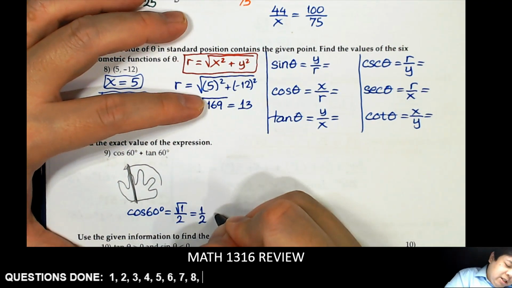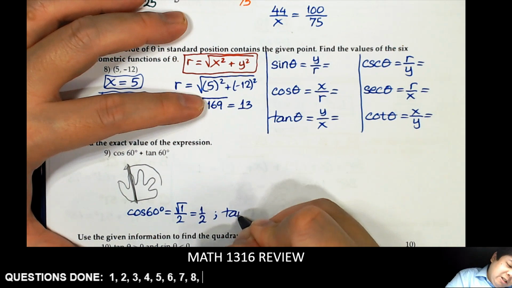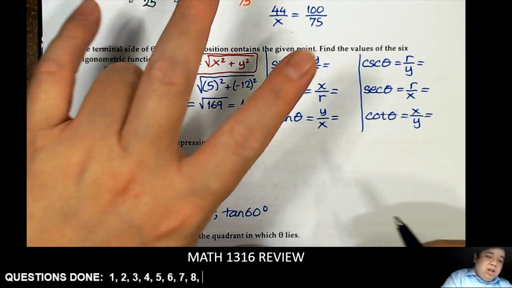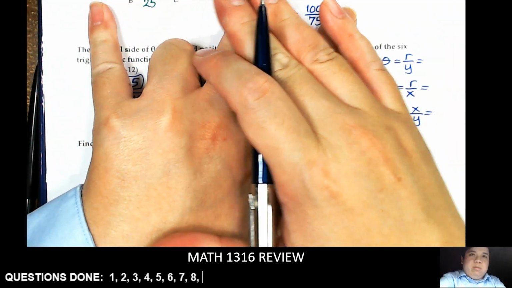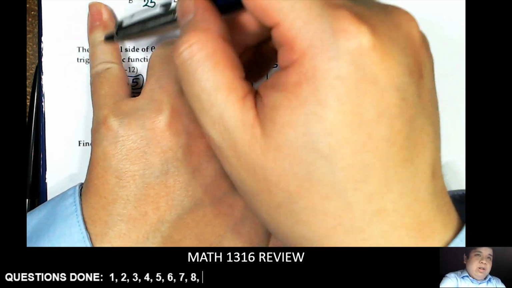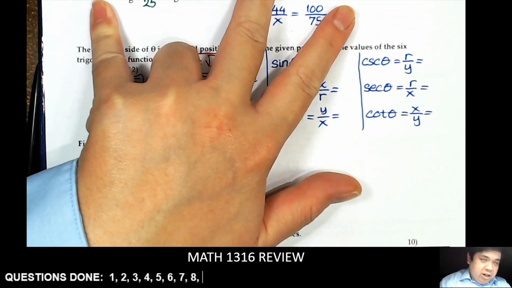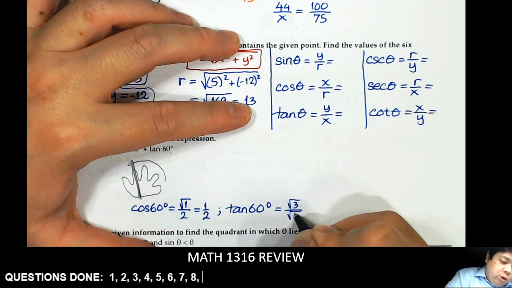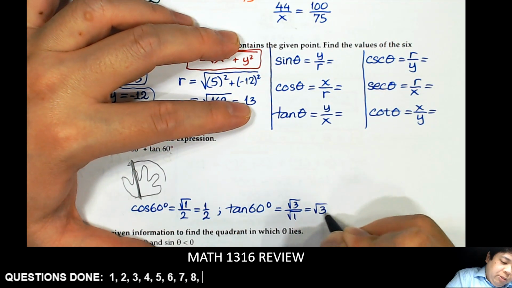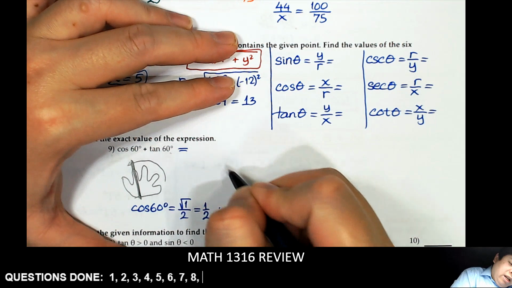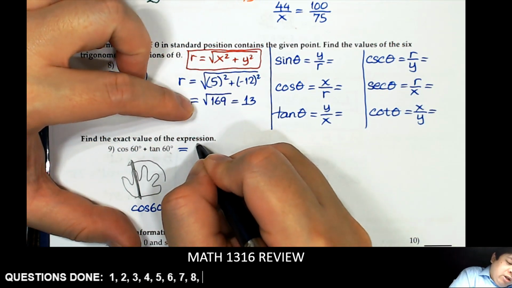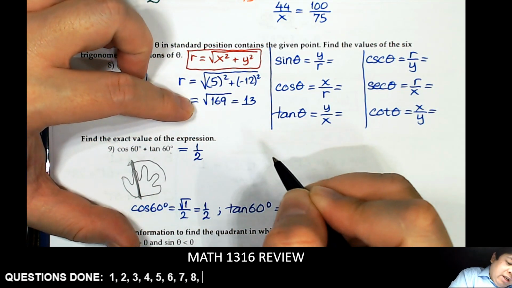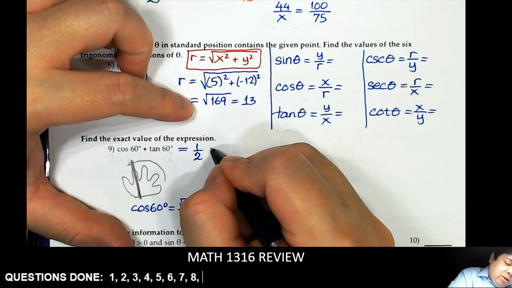And tangent will be the square root of the fingers on the right over the square root of the fingers on the left. So it will be the square root of 3 over the square root of 1, or just the square root of 3. So put it back in here. Cosine of 60 degrees is 1/2, and tangent of 60 degrees is the square root of 3.